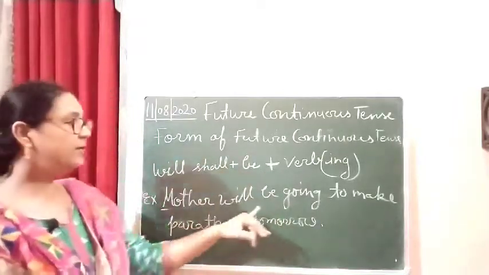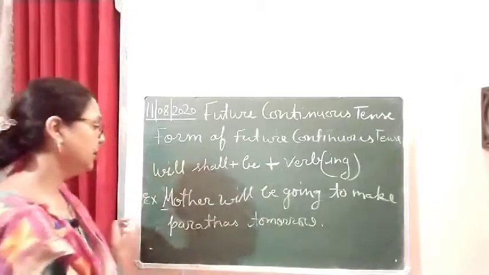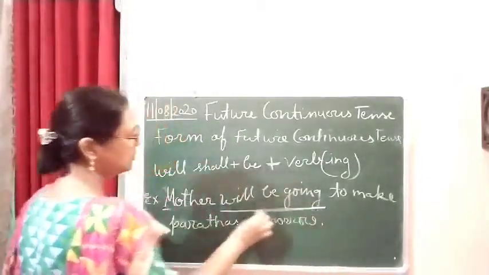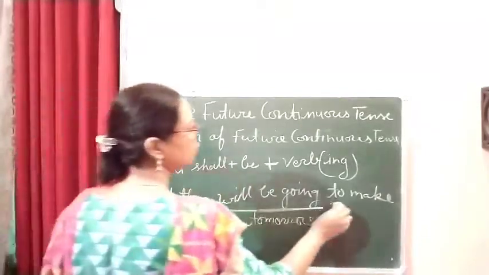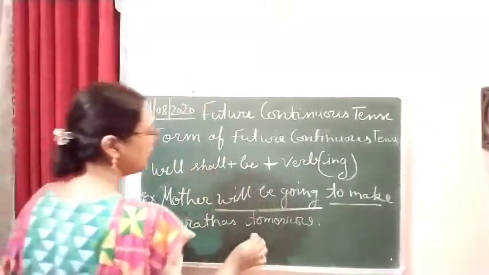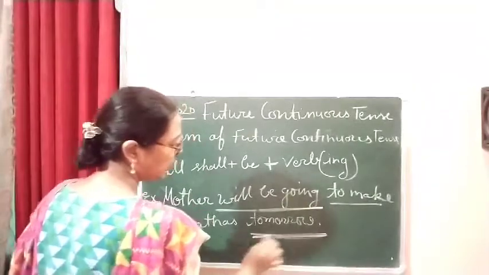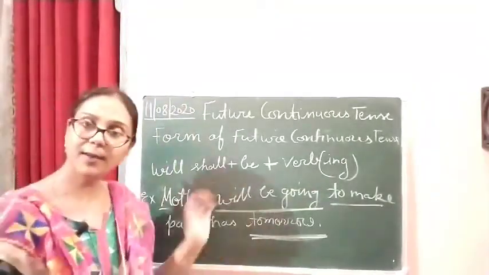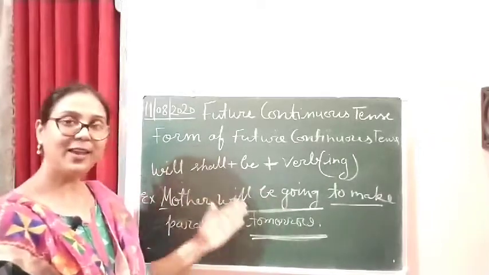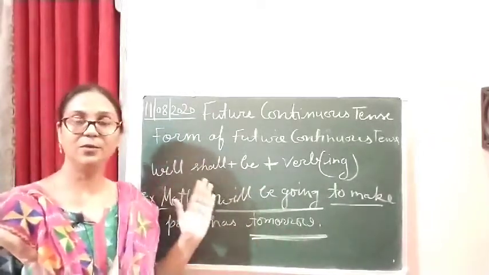So mother will be going denotes future continuous tense, and to make parathas tomorrow shows the time when she will make. So this way we can understand future continuous tense.